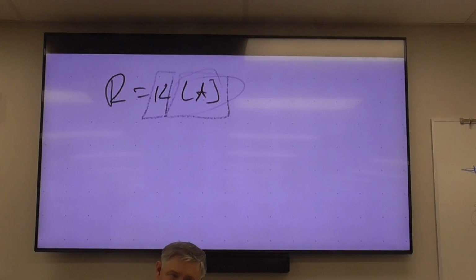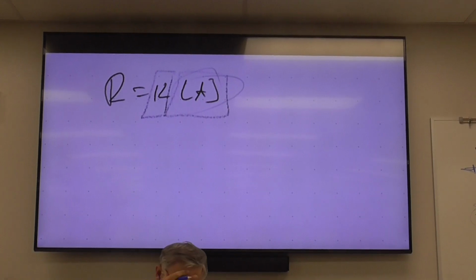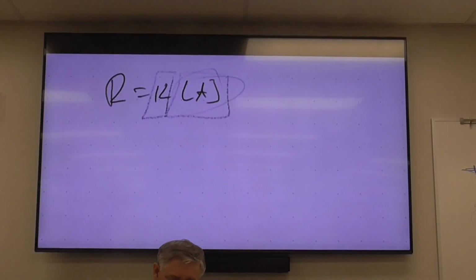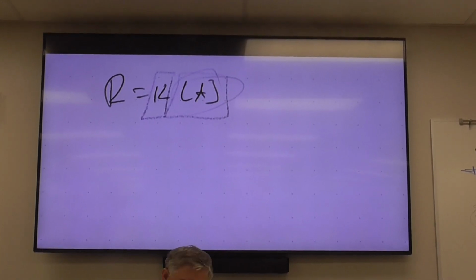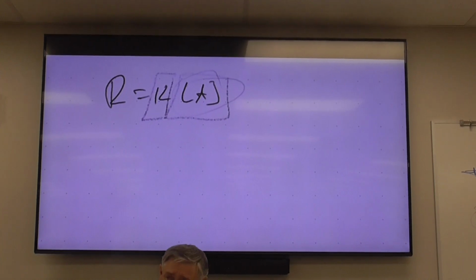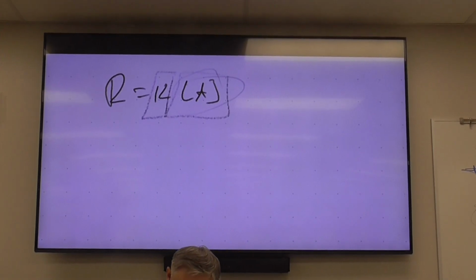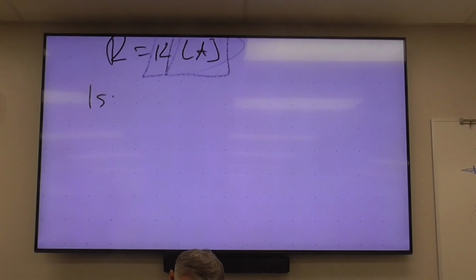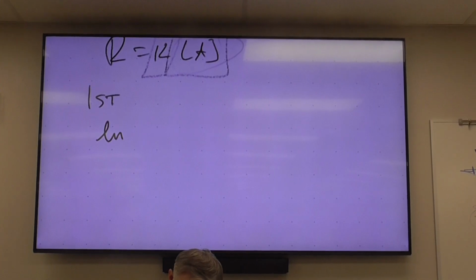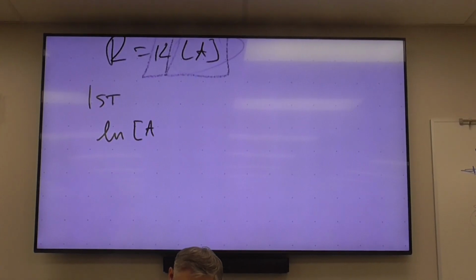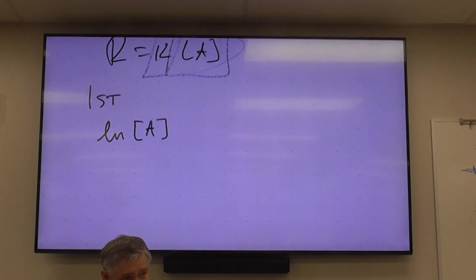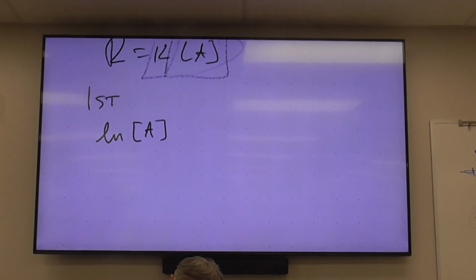So from that, you can get what's called the integrated rate law. This is the second column down below. We're not going to worry about zero order reactions because they're so rare. We're going to focus on first order and second order. If you look at first order, you have the natural log, and if you're a math nerd, this is going to speak to you because this is natural logs, okay?